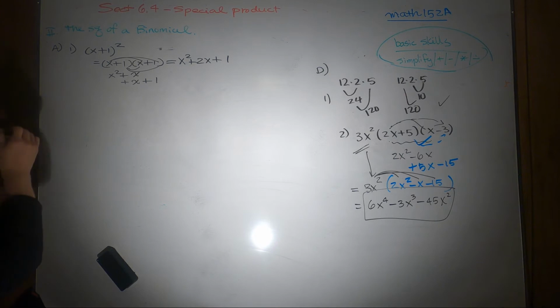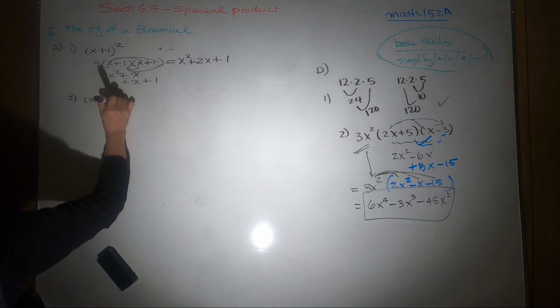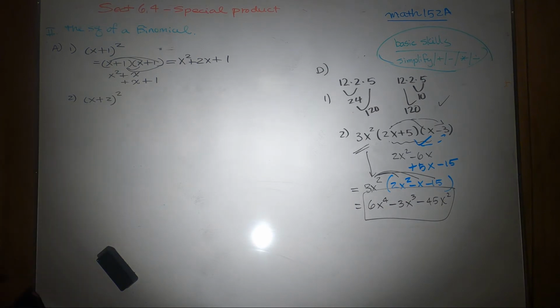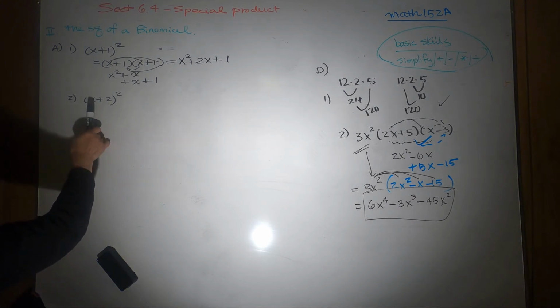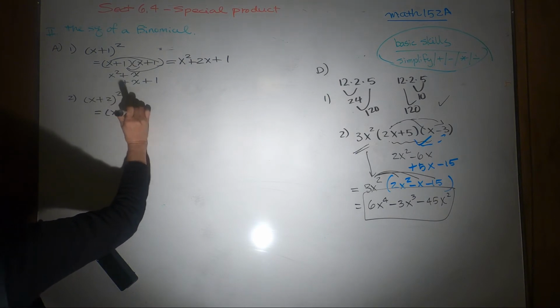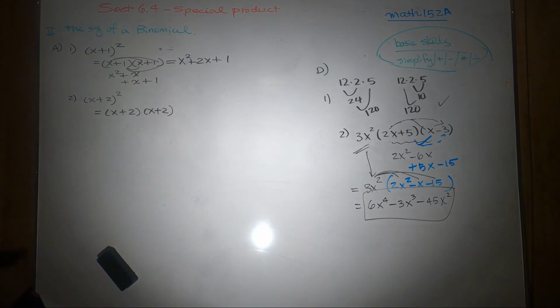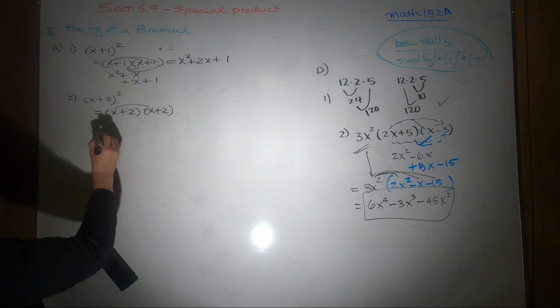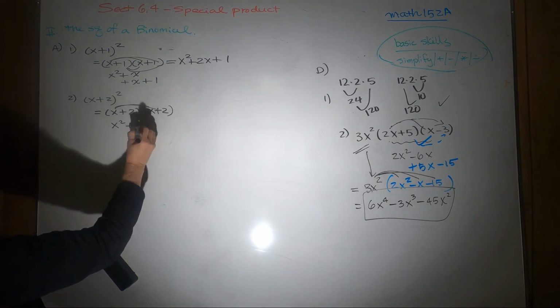We try to show you, if I do this, x plus 2 squared, what do I have? Right? Still the square of a binomial. If we do the square of a binomial, it has certain patterns. So we just try to show you the patterns. Okay? So x times x is x squared. x times 2, 2x, right?